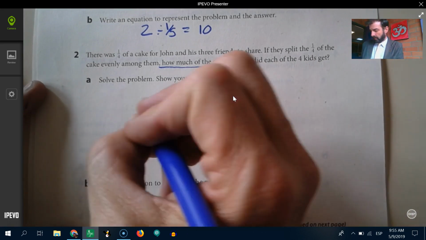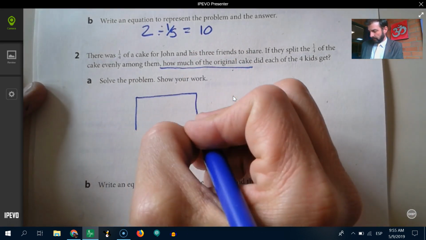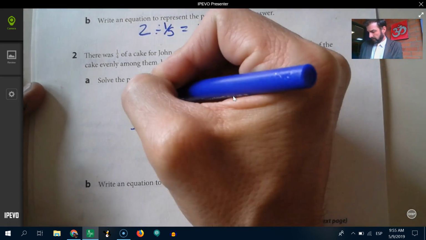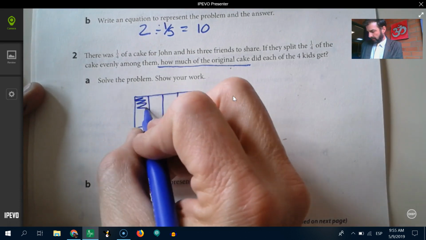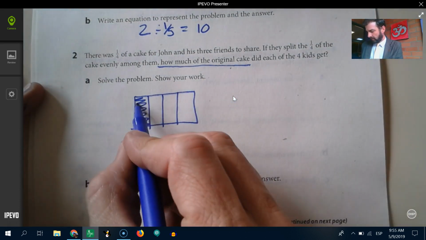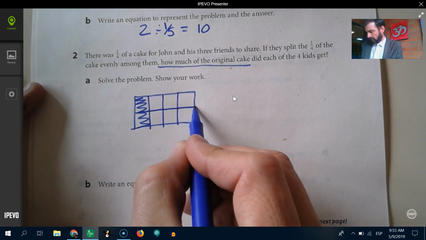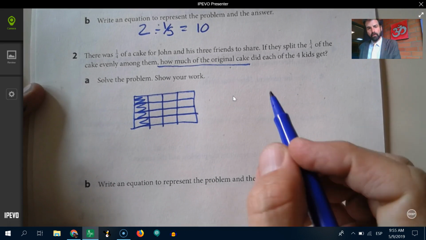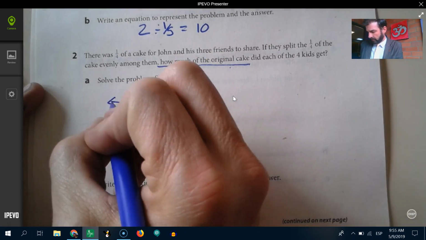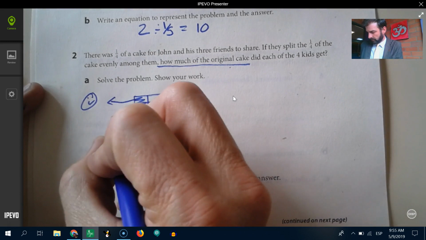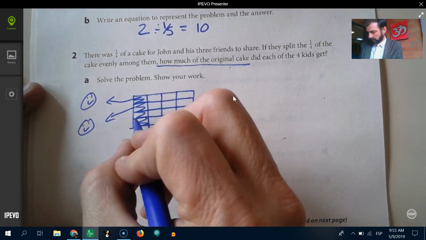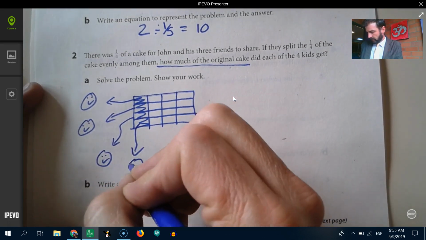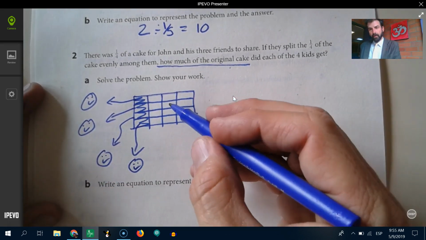Okay, so I could draw it out. Right? Here's the 1/4 I have left, okay, and I'm going to share that with 4 kids. And if I get my laser cutter out and I do it really nice, then each kid is going to get 1 piece, right?